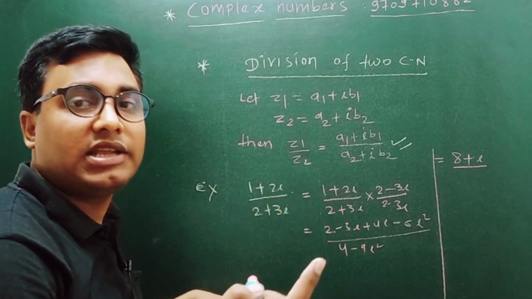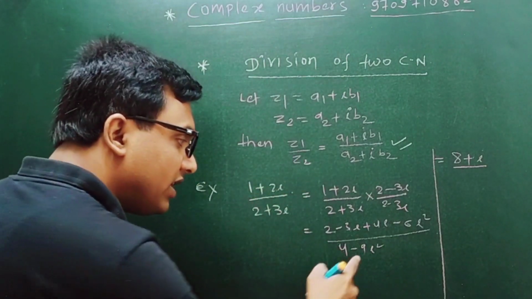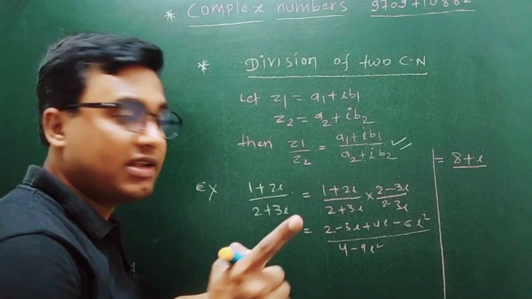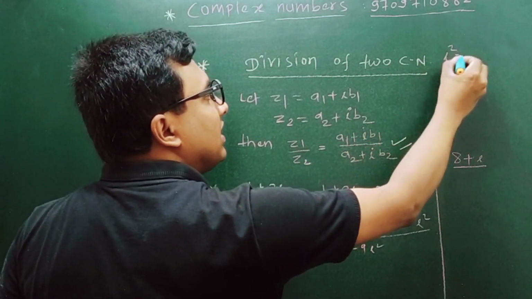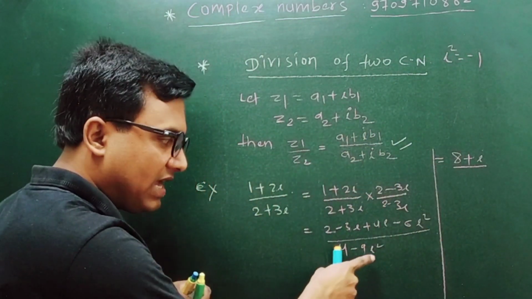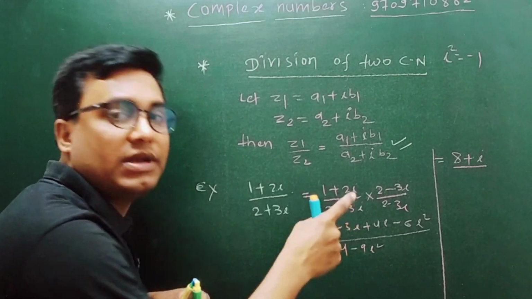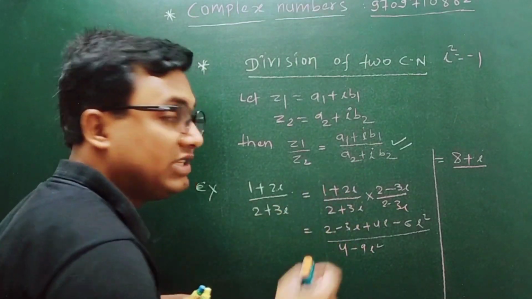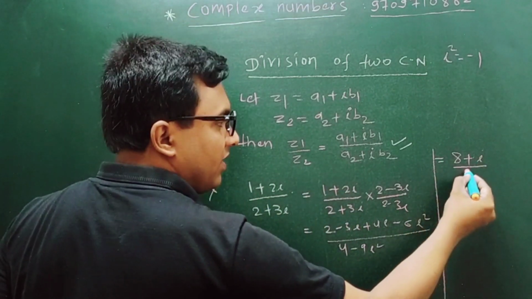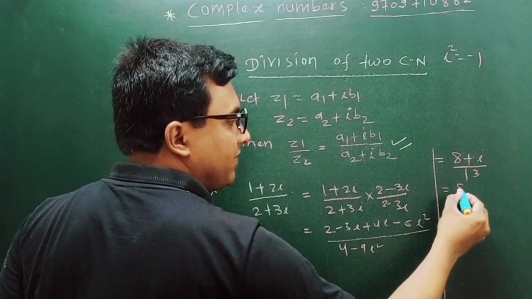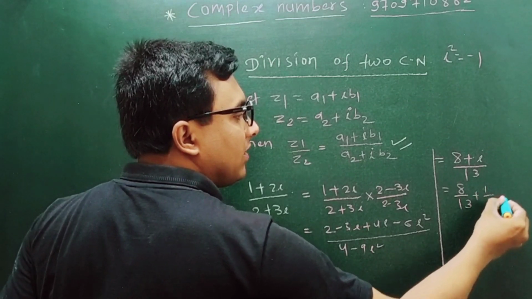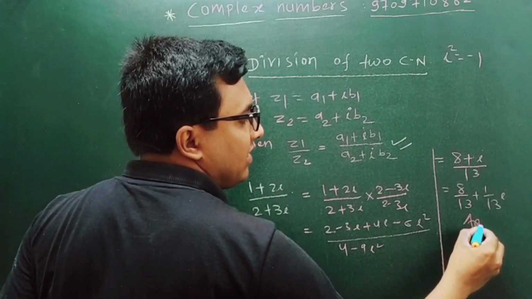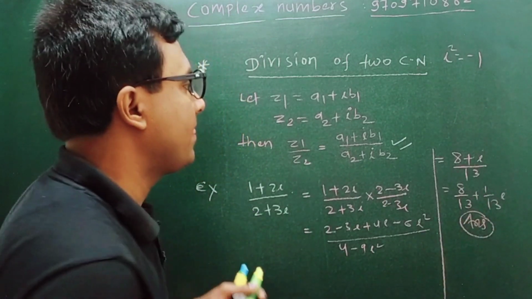In the denominator, iota square is equal to minus 1, and minus 1 into minus 9 becomes plus 9, plus 9 plus 4 is equal to 13. Finally we write 8 by 13 plus 1 by 13 iota. It is your final answer.